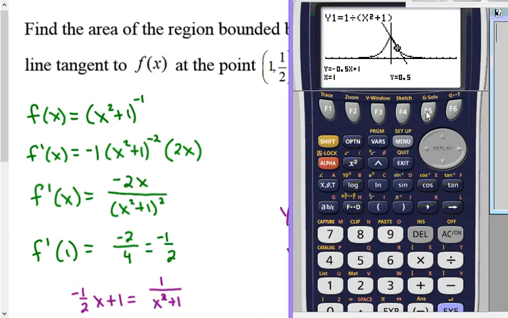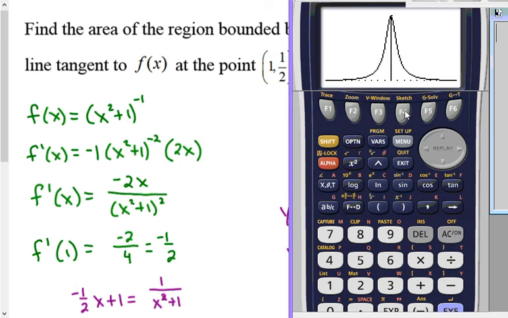Let's do zoom auto, and do this again. Sketch, tangent at 1. I'm not getting a nice picture. I wanted to see that we were under it. I could play around with this, but we don't need to. We know our tangent function now.